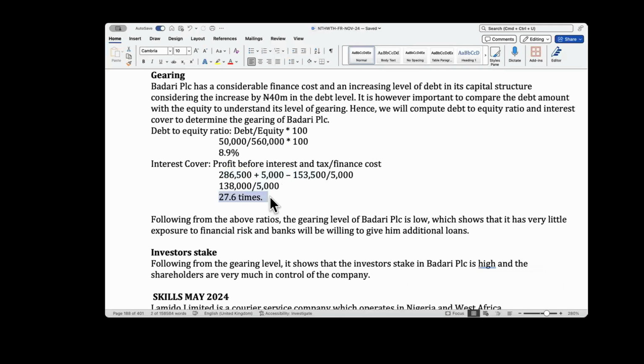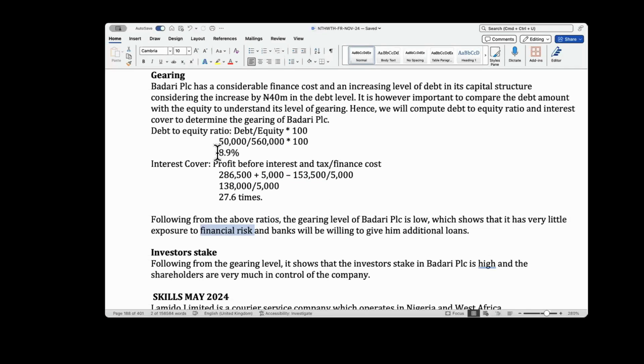That's impressive. That's good. And I said, following from the above ratios, the gearing level of Badari is low, which shows that it has very little exposure to financial risk, and banks will be willing to give him additional loans.